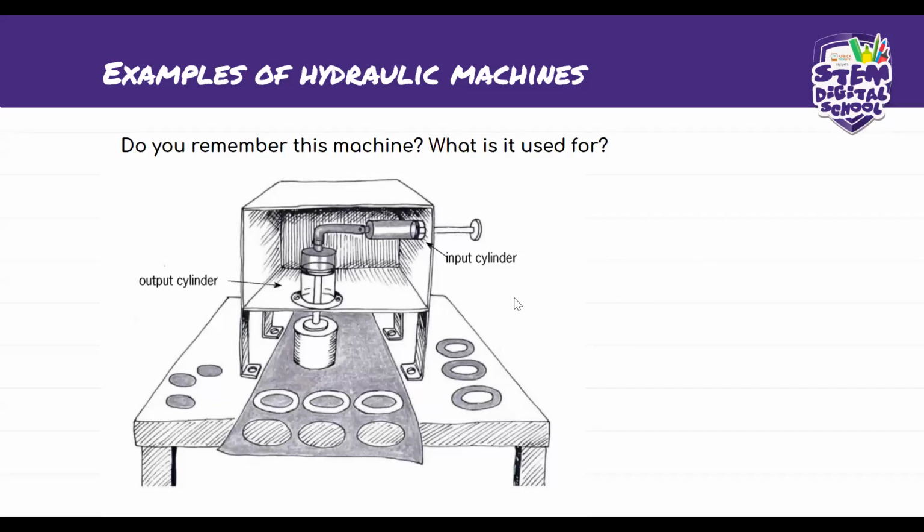Ma'am, what are we doing? Did you ask what are we doing? Yes, ma'am, I just joined. We are revising. We are revising hydraulics and pneumatics. Okay, thank you, ma'am. You know why we are revising?